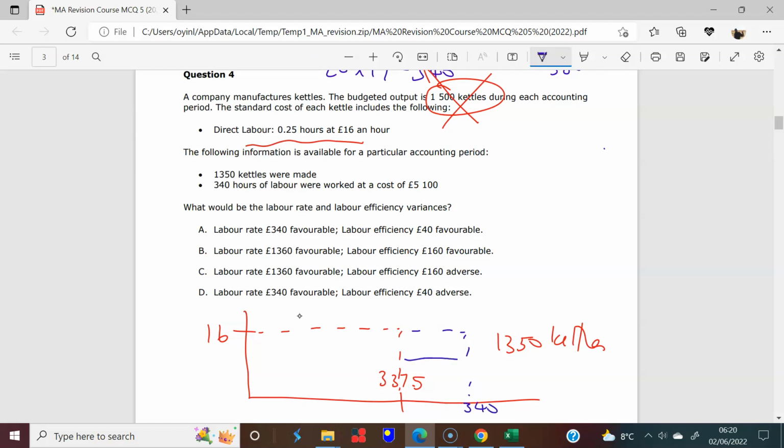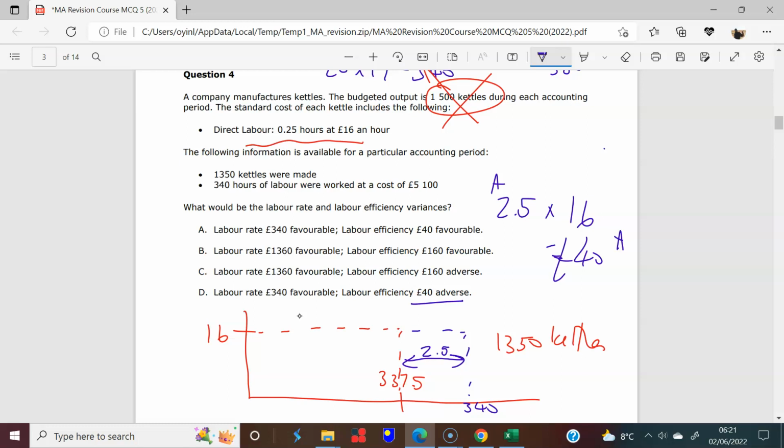That's adverse. So you use an extra 2.5 hours. Multiplying that, that's 2.5 hours more, adverse of course, times 16 gives you £40. So I already can see that I have a £40 adverse here.